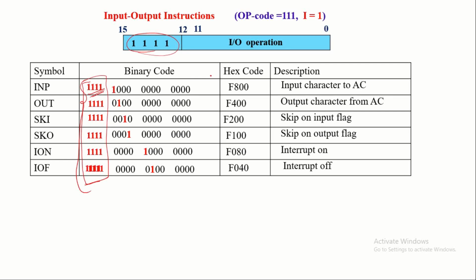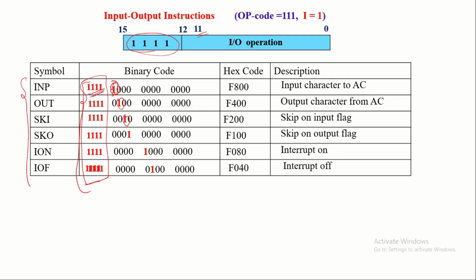Whereas in the 0 to 11 bit portion, as we just discussed in register reference, any one of the 12 bits will be set. Here you can see the 11th bit is set, the 10th bit here, the 9th. So accordingly, in IO instructions, 6 different IO operations can be specified.